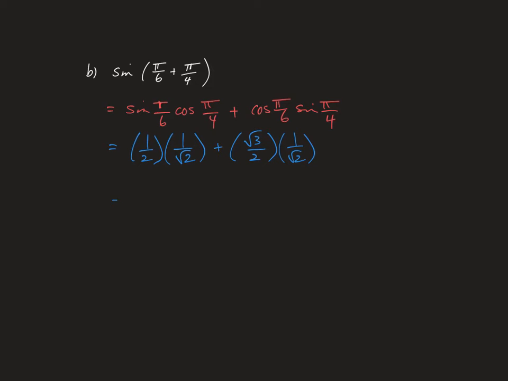Now that we get to that point, we can see that we're going to have a common denominator of 2 root 2. My numerator on the first fraction is 1, and root 3 on the second fraction. Now I can rationalize it by multiplying top and bottom both by root 2. And there we go. So notice we get something pretty similar.